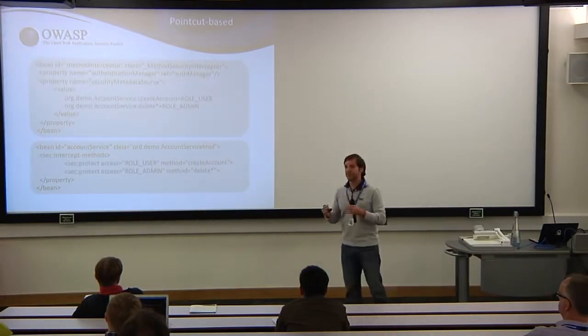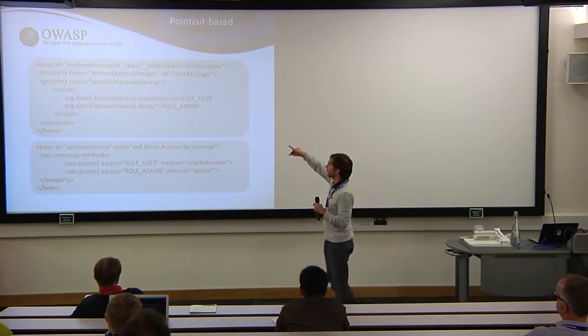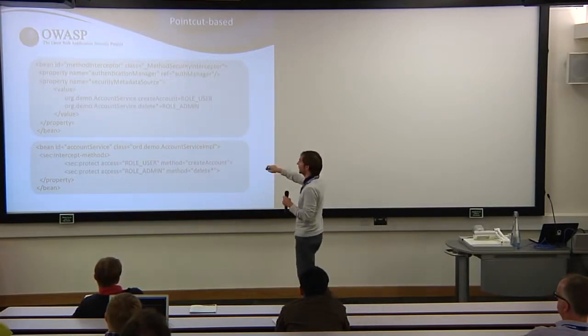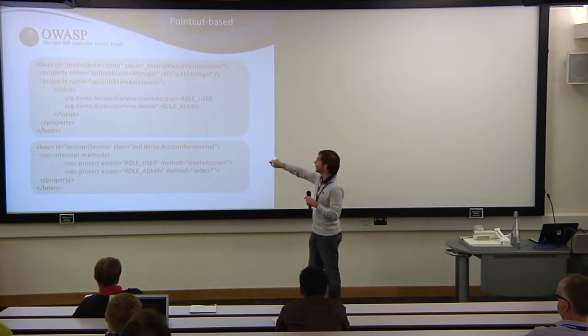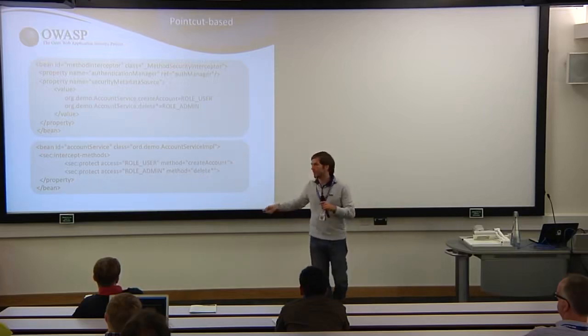Another way to do a similar thing is by placing these same checks at the method interceptor or at the bean level. The bean level is the most obvious one. So you have this bean, for example, the demo account service implementation, and you want to protect create account and require the user role, and to delete an account, you require the user to be an administrator.